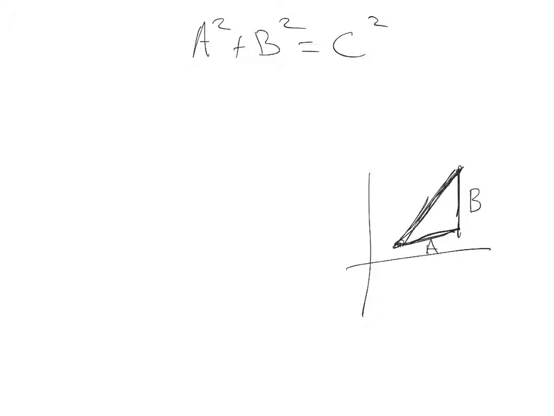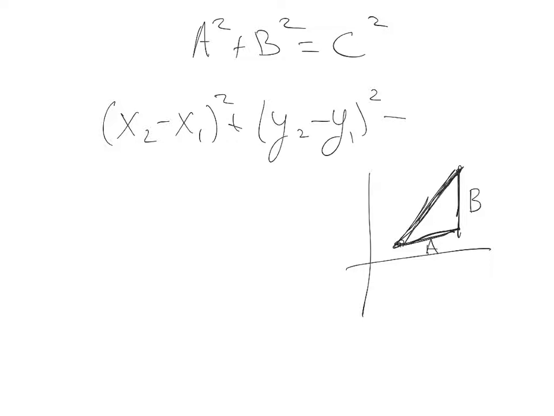Such that we end up with a formula that says, okay, horizontal distance is found by the difference in the x coordinates. The vertical distance is found by the difference in the y coordinates. And that whole thing is going to be equal to the distance squared. But I don't want to look for the distance squared.